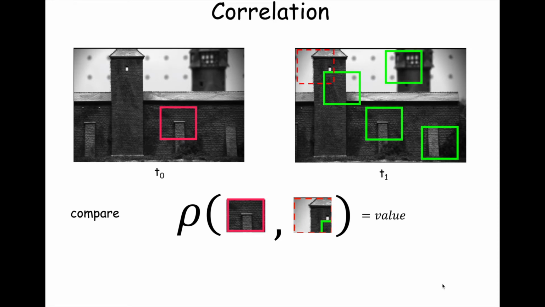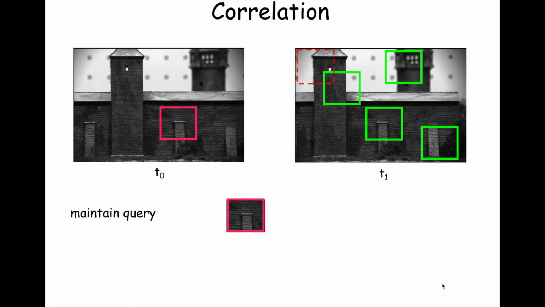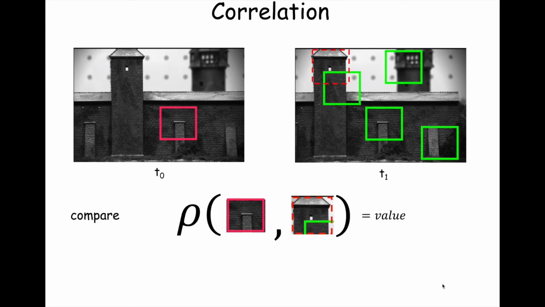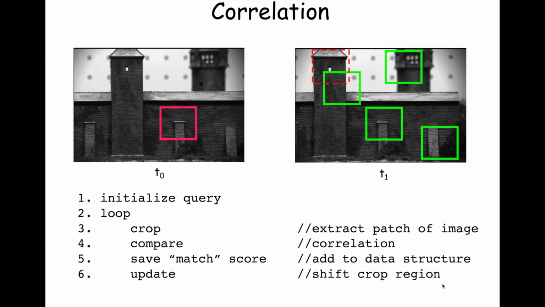And that's not the case here. So we compute that score, and then we maintain our query in the next round, and we move our search window, update our search, and compute that correlation again. Right? And so we do that over and over, maintaining that correlation value that is maximum, and that's going to be our match candidate.